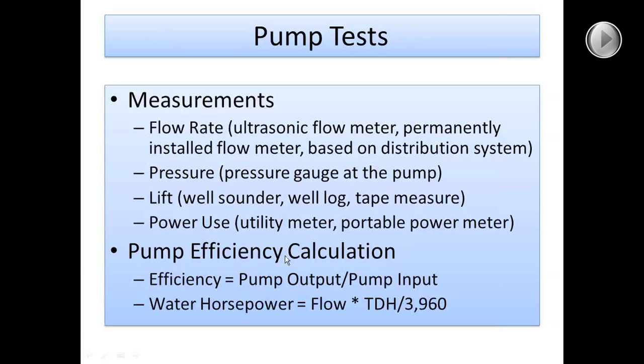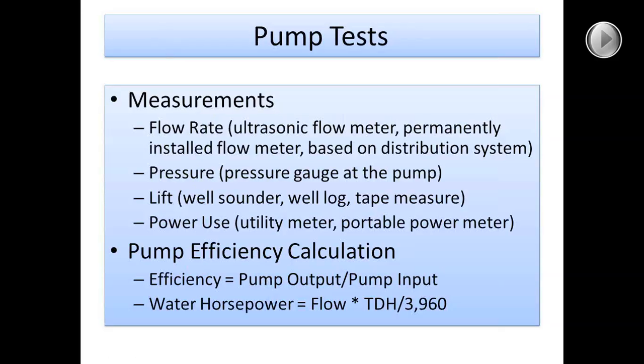And then we can calculate the pump efficiency, and it's just basically how much work is the pump doing and how much power am I putting into it. The pump efficiency is calculated by dividing the pump output by the pump input.